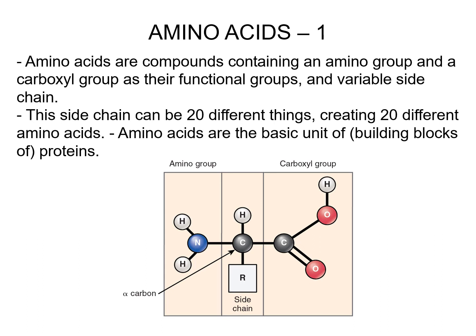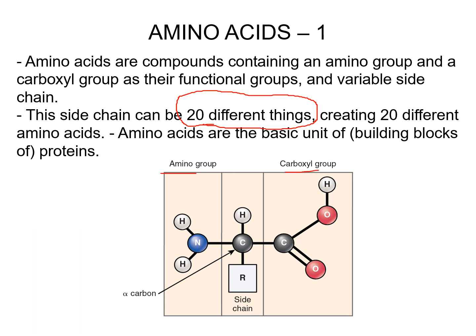And then you have a central carbon connected to a hydrogen and to this R-looking thing, or this variable. In the human body, there are 20 different amino acids, and they're all the same in regards to the amine group, the central carbon, and the carboxyl group.